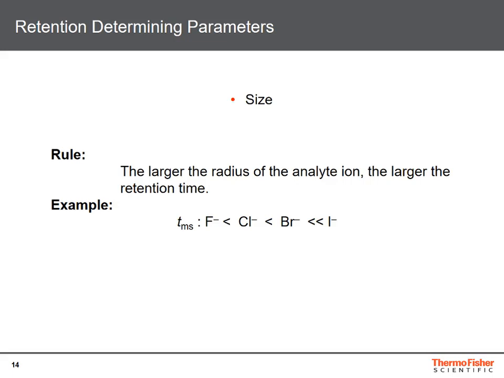However, the retention difference between all these pairs of ions is increasing, especially the retention difference between bromide and iodide, and this has something to do with the term polarizability, which we will see on the next slide, saying that large ions such as iodide are undergoing non-specific interactions with the stationary phase, such as adsorption effects, and those adsorption effects are leading to a much longer retention time of large ions.